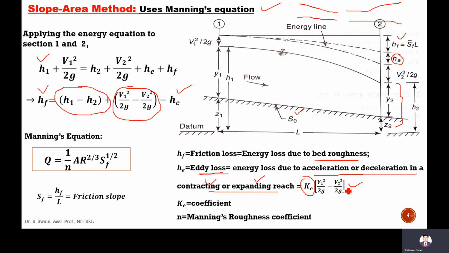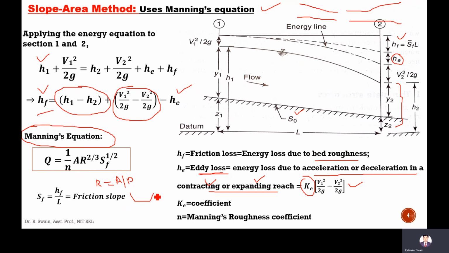Once we calculate HF, then we can use Manning's equation. Manning's equation says that the discharge is Q equals 1 by n times A times R to the power 2 by 3 times SF to the power half, where A is the cross-sectional area of the channel, n is Manning's roughness coefficient, and R is the hydraulic mean depth, R equals A by P, the cross-sectional area divided by wetted perimeter.